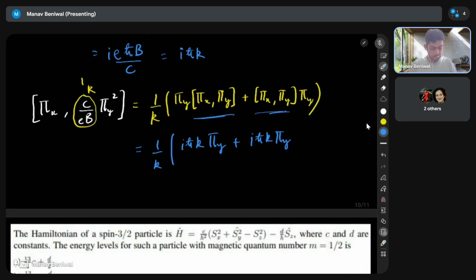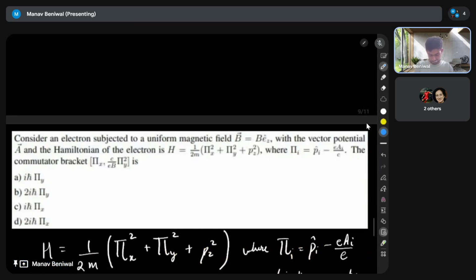So this just becomes 2 iota h cut k pi y, and this k and k will cancel out. So this becomes simply 2 iota h cut pi y, which is option B.